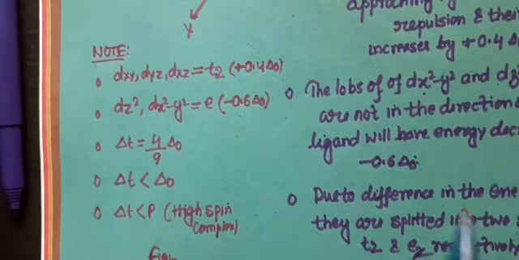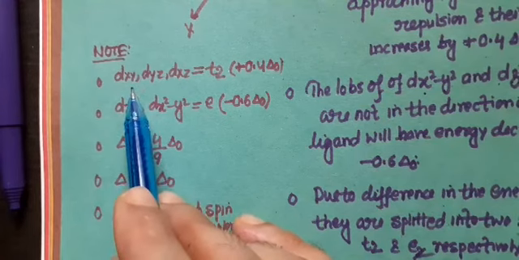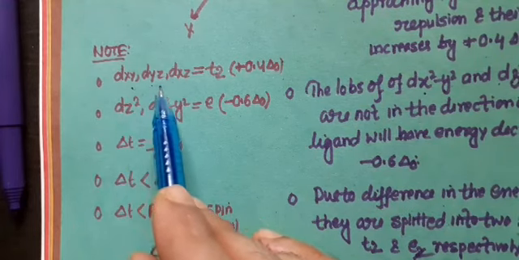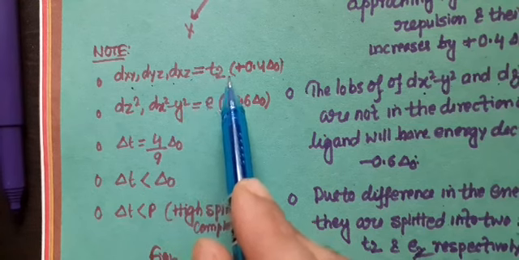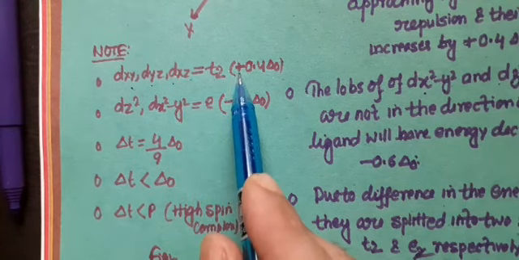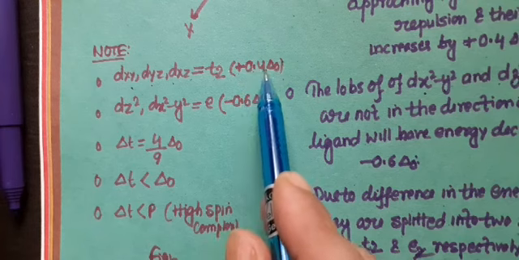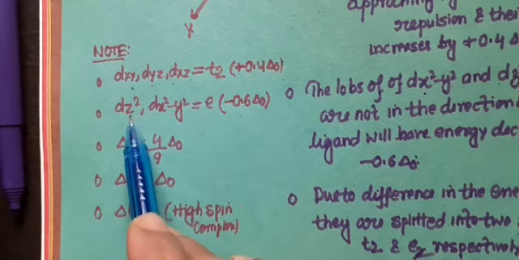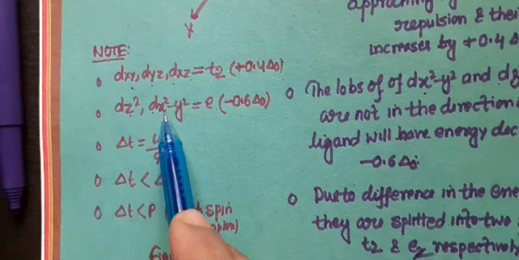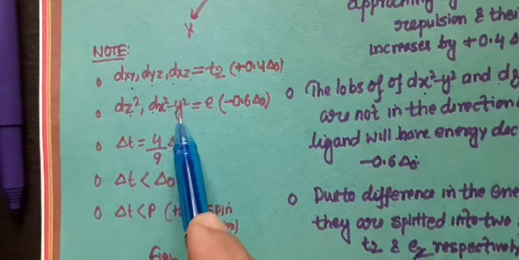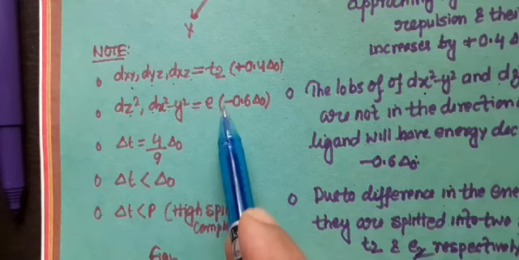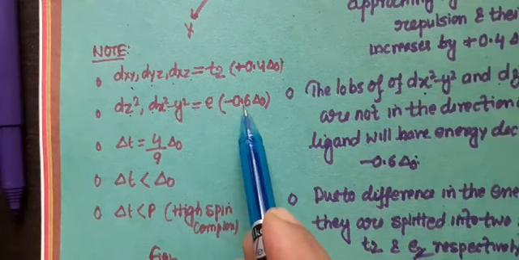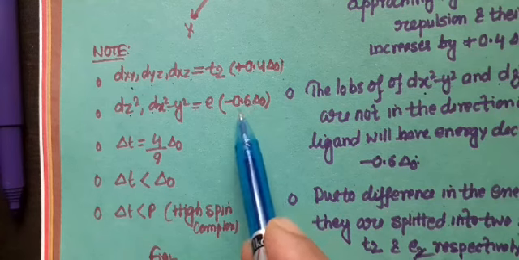These orbitals dxy, dyz and dxz are known as T2 orbitals and their energy increases by plus 0.4 delta O. Second point, dz square and dx square minus y square orbitals are represented by the symbol E and their energy decreases by minus 0.6 delta O.